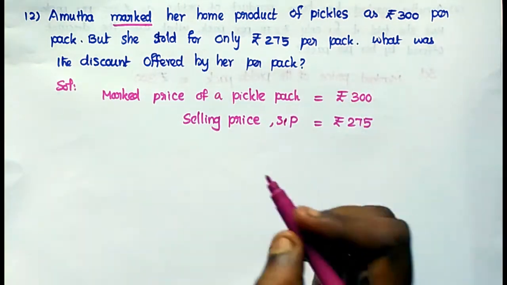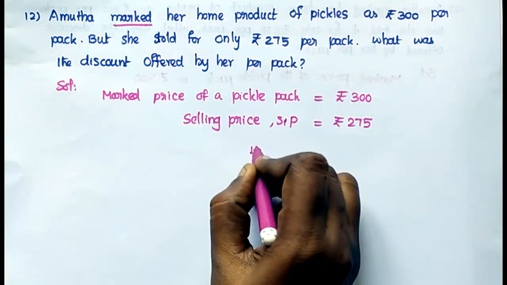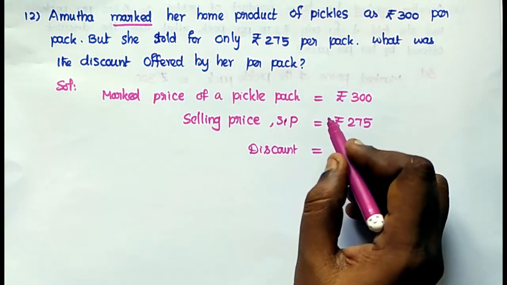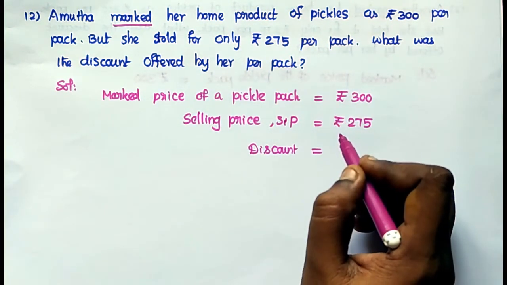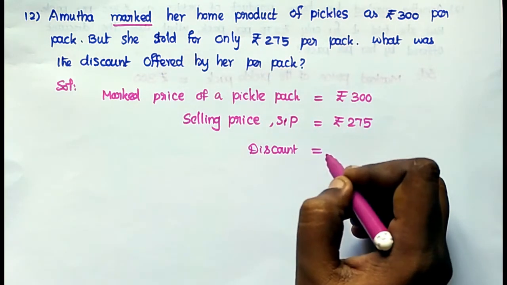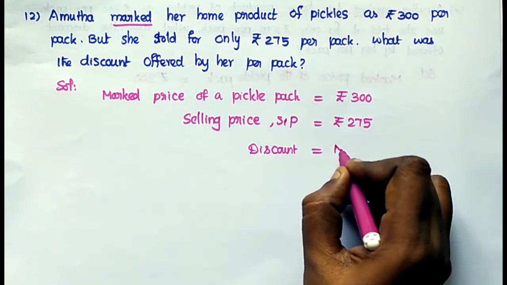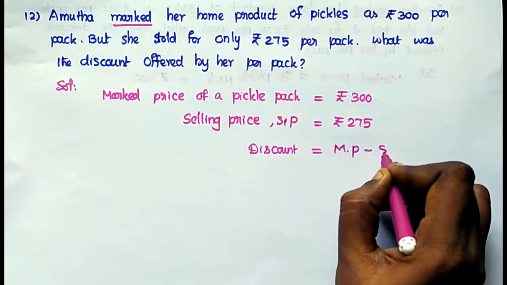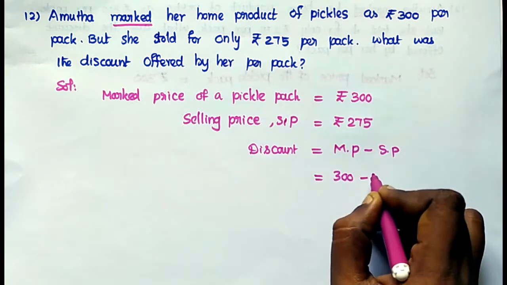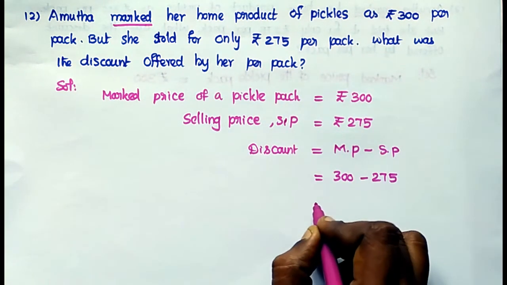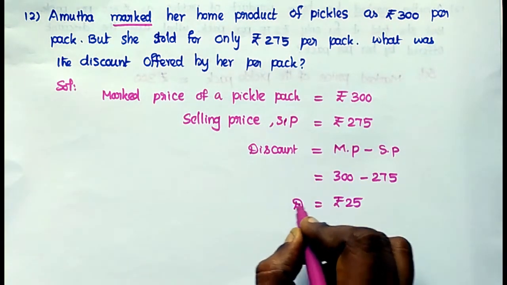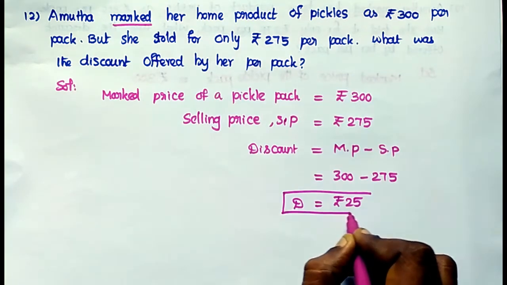Now what was the discount? They gave mark price and selling price. We have to find out the discount, so what is the formula? Mark price minus selling price. So rupees 300 minus 275, that is equal to rupees 25 is the discount. That is the answer.